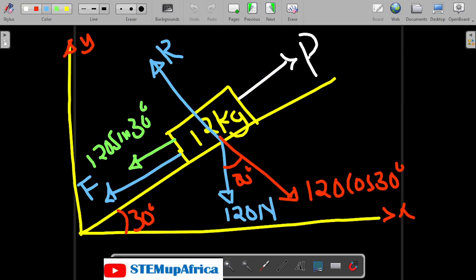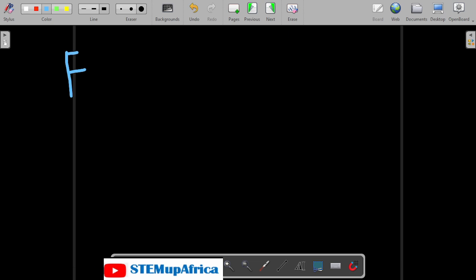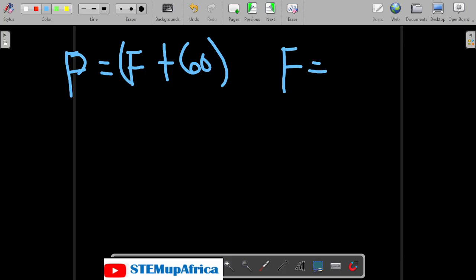So let's also go into those broader resolutions. My P this time will be F plus 60. Our F remains as, from the first case, 69.28 Newton. If you solve for F, it also gives 69.28 using this condition.